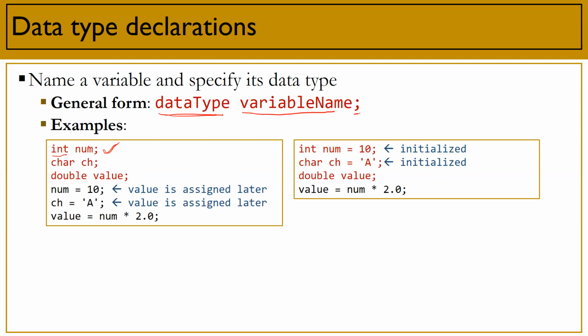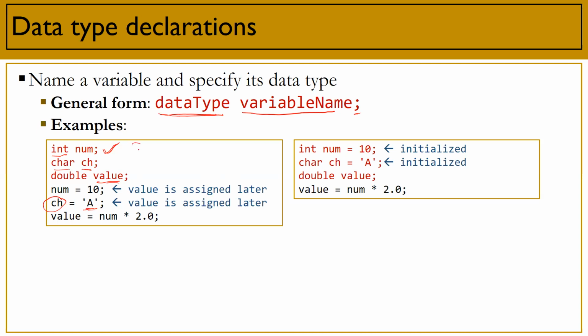Here we have declared a variable ch, of type char, so ch will store a constant character value, for example the character A. And then we have a variable value, of type double, so it will store a floating point value with digits after the decimal point.